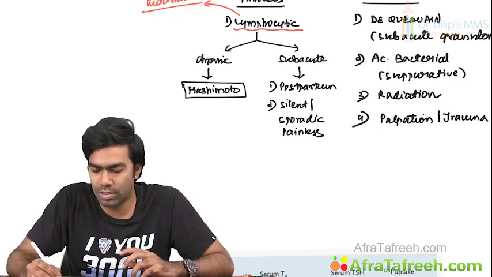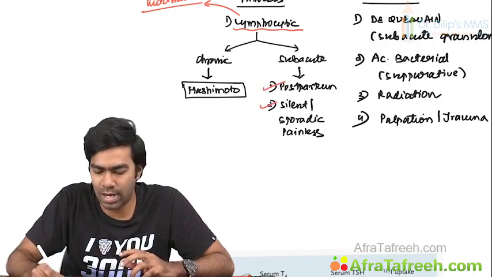Both postpartum thyroiditis and silent thyroiditis or sporadic painless thyroiditis have a similar course, and the histology will also show a very similar picture. It's only the onset in the age group that differentiates them. For example, postpartum thyroiditis is differentiated from sporadic thyroiditis by the fact that it happens in the postpartum period. That's all. Apart from that, they don't have any difference at all.